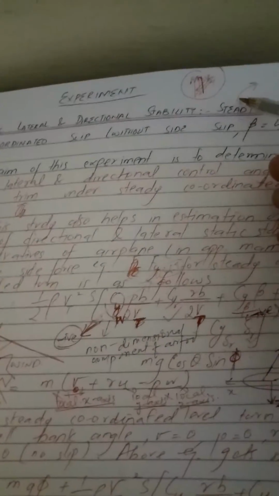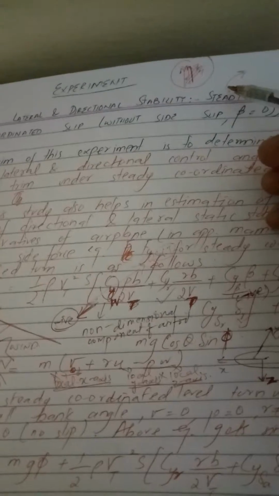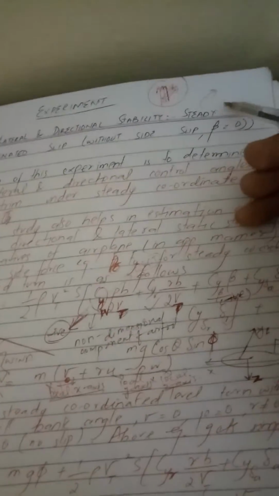If we want to discuss it in terms of centrifugal force, we have to discuss centrifugal acceleration, because it points towards the center in turning. So we have the velocity components as well, and the different components of the aircraft providing the aerodynamic force that helps us get a steady coordinated turn.